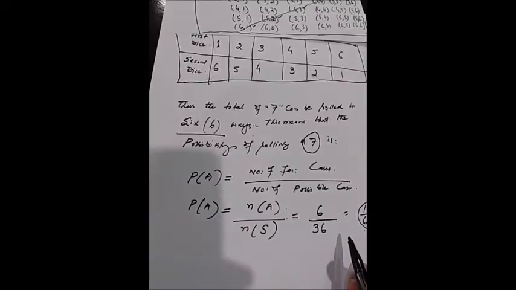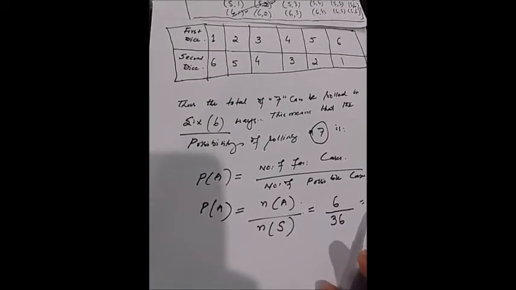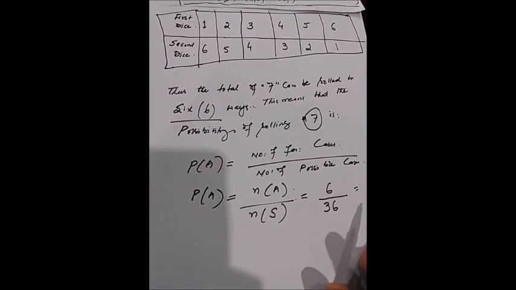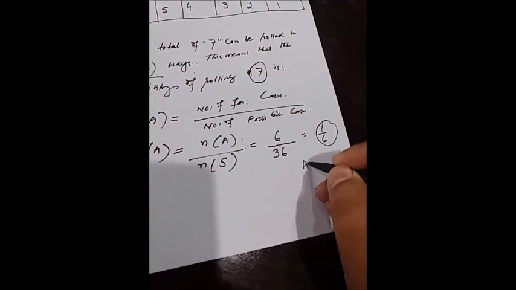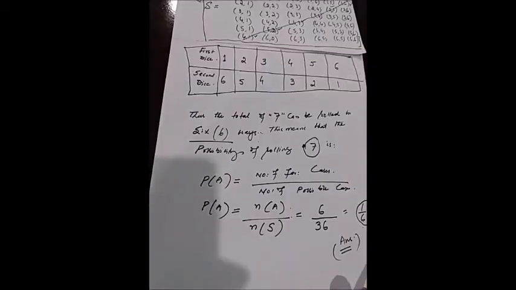So this is overall about the problem of the probability of getting 7 by rolling two 6-sided cubic dice together. Hope you understand the problem. Thank you very much.